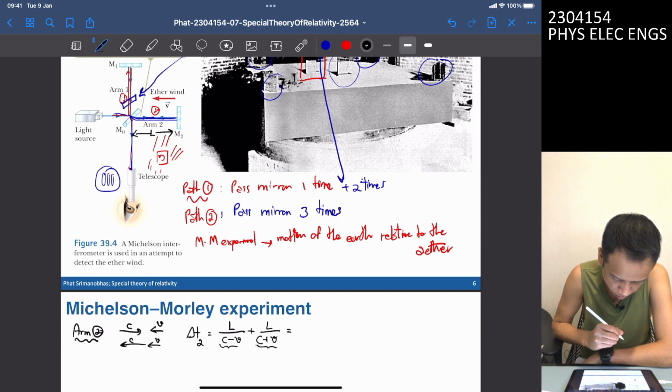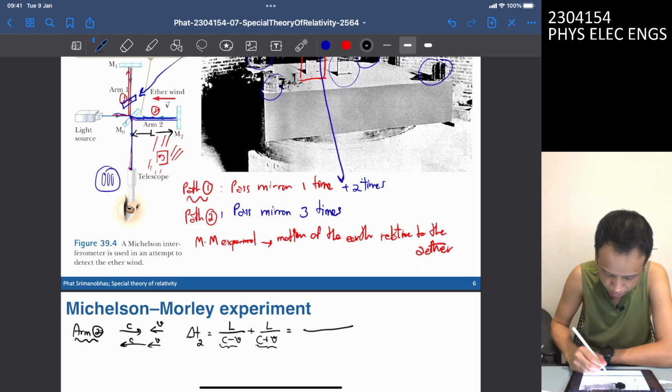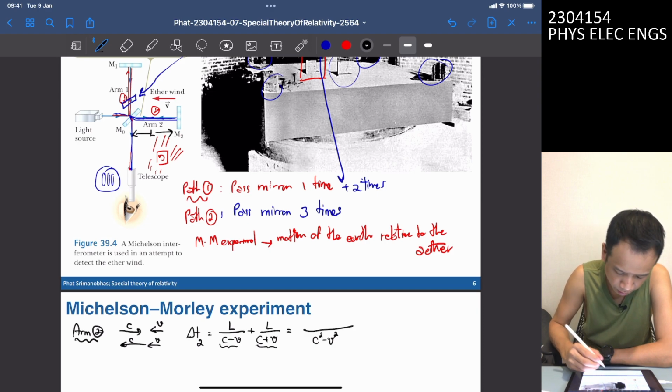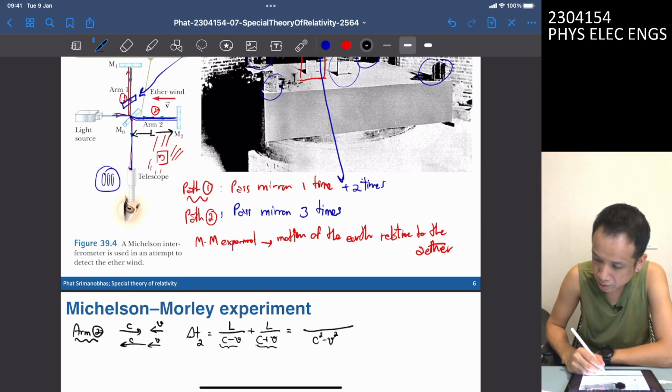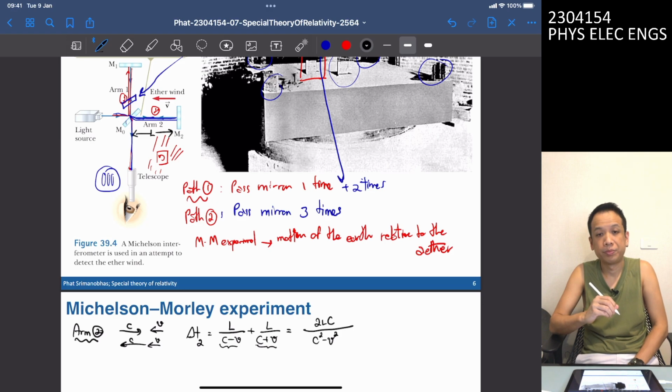So we make a common denominator. So c plus and c minus, so finally you get c square minus v square, right? On the top, let's do it on the overhead, it's Lc plus Lv and Lc minus Lv. So we get 2Lc.